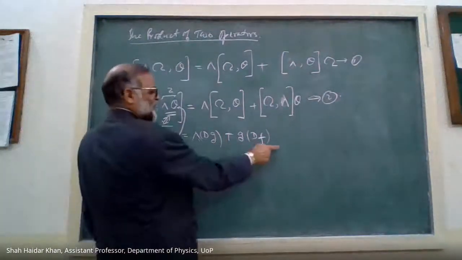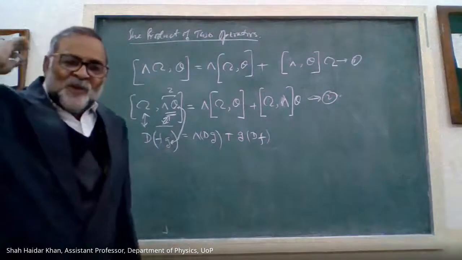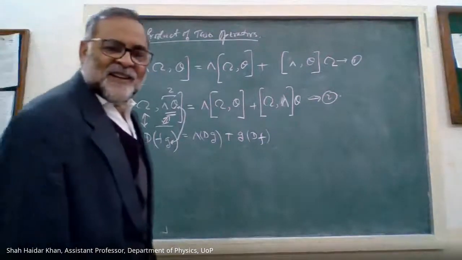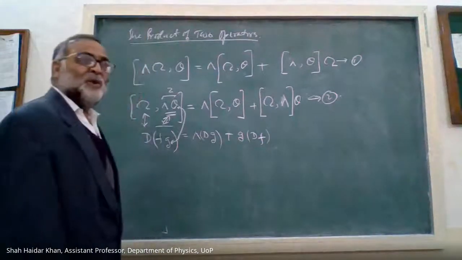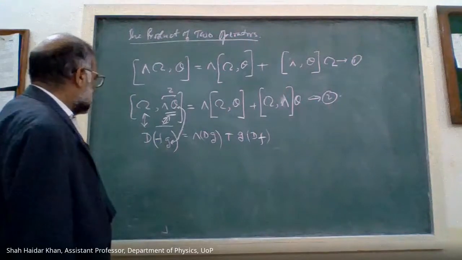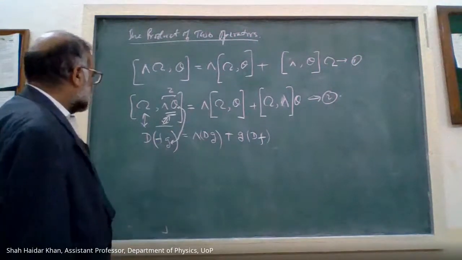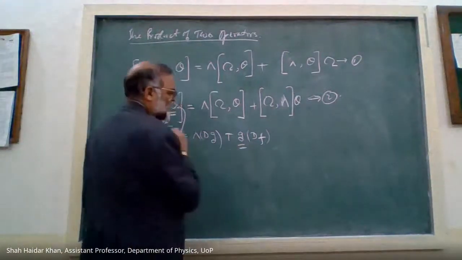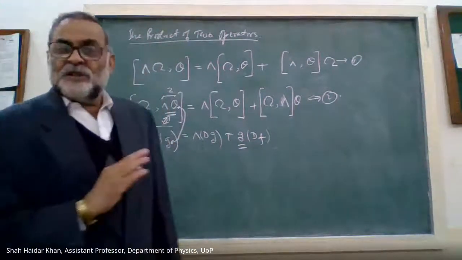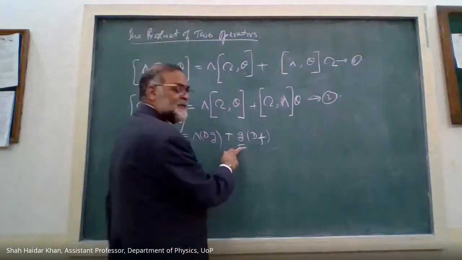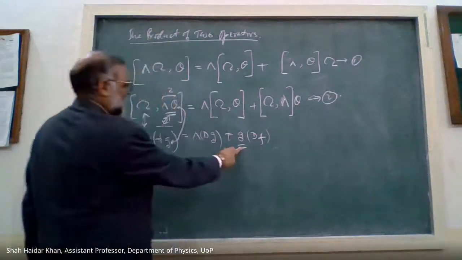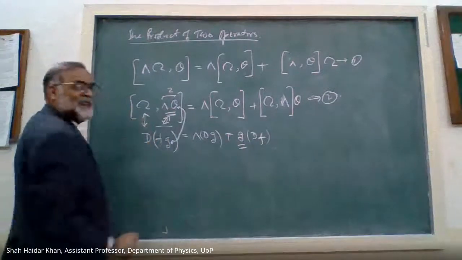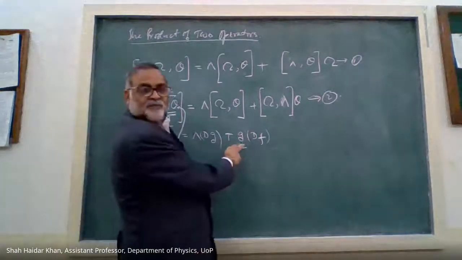So from our very old formulas of the chain rule or the product rule, this is the chain rule. So G comes here, but since this is an operator and not a function, and G is for theta, we cannot switch.